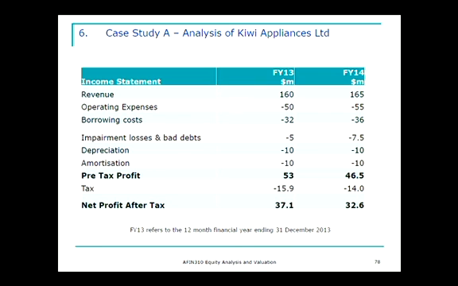So take all these line items and, using the information I've given you in the question or any other assumptions that you think relevant based on the trend, make a forecast for each of the items for calendar financial year 15. So you forecast the revenue, the operating costs, the borrowing costs, the impairment charge, depreciation, amortisation, and the tax.